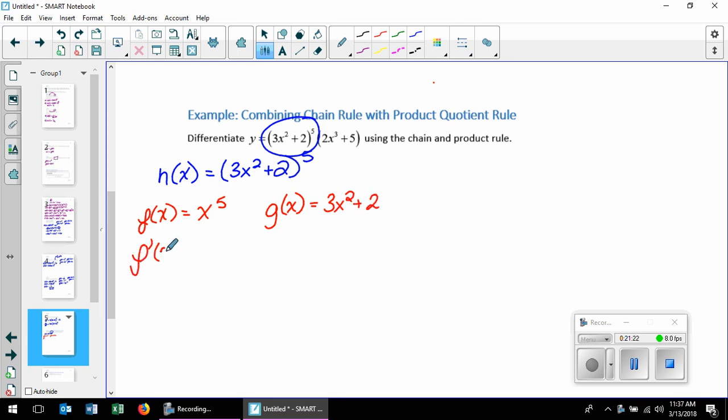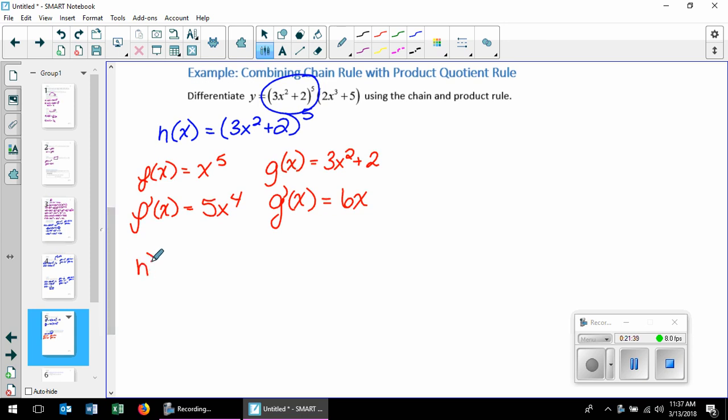My derivative of the f of x function is going to be 5x to the exponent 4. My derivative of my g of x function is going to be 6x. So now, what is the derivative of h of x?